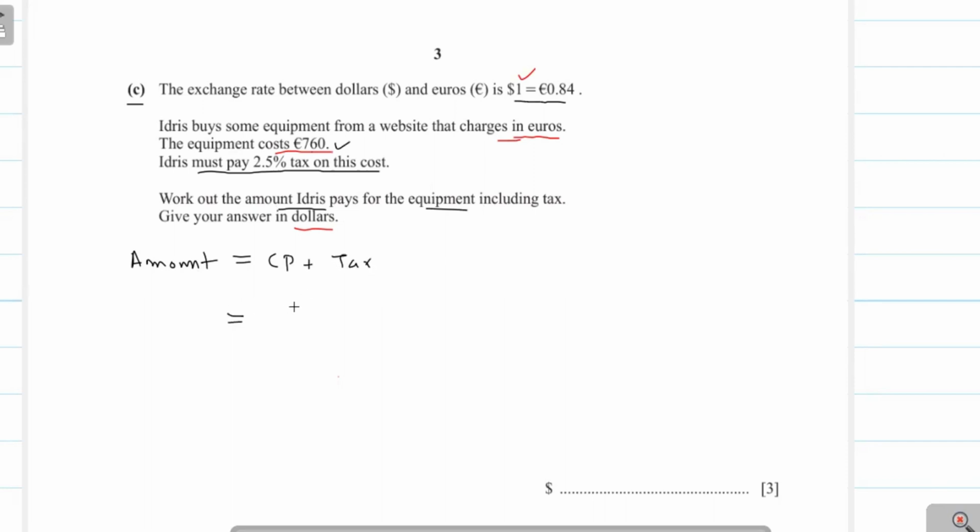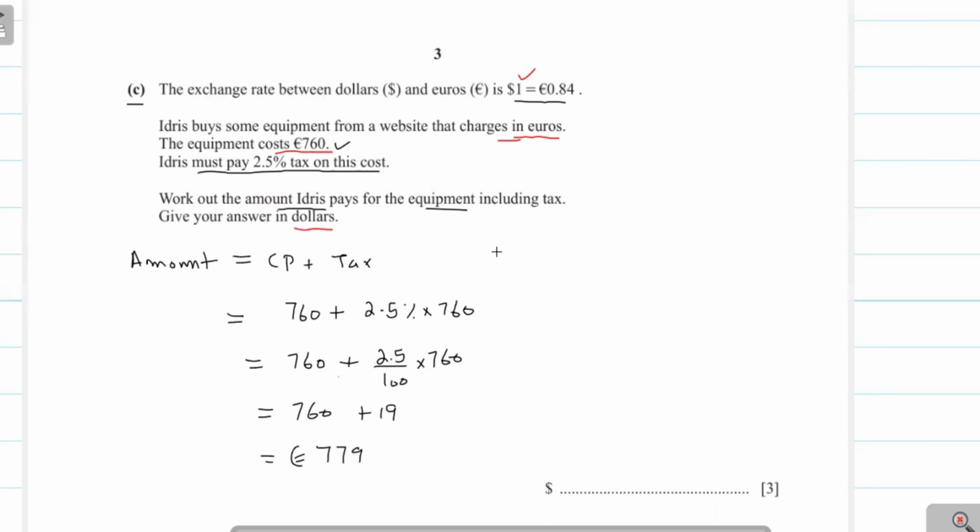Now the cost price here is 760, tax is 2.5% of 760, and this will be equal to 760 plus 2.5 over 100 multiplied by 760, and this will be equal to 760 plus 19, and this is 779 euro. Now we have to find the amount in dollars.